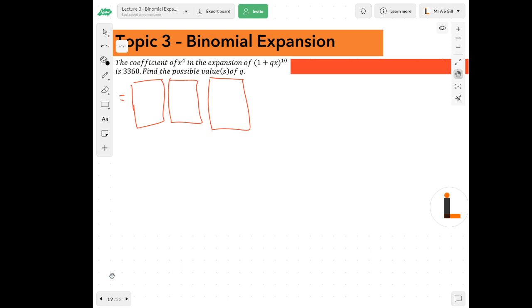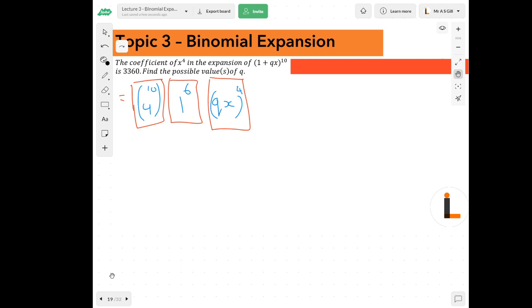I'm going to put the first one as 10 choose something, 1 to the power of something, qx as one whole term, and this would be to the power of 4. So I know that this has to be 10 choose 4, and then 1 to the power of 6. In reality, it doesn't matter because 1 to the power of any number is just 1, but because we want to be thorough and demonstrate the mathematical knowledge, we're going to include it in our working for now.